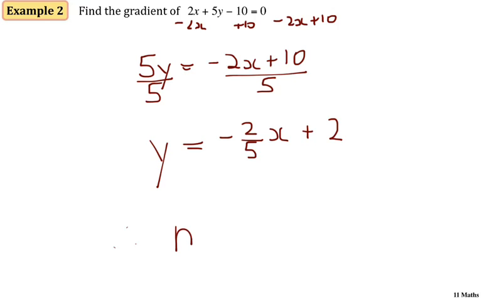Therefore, m equals minus 2 over 5. You probably agree that it's a lot quicker to actually just go m equals minus a over b.